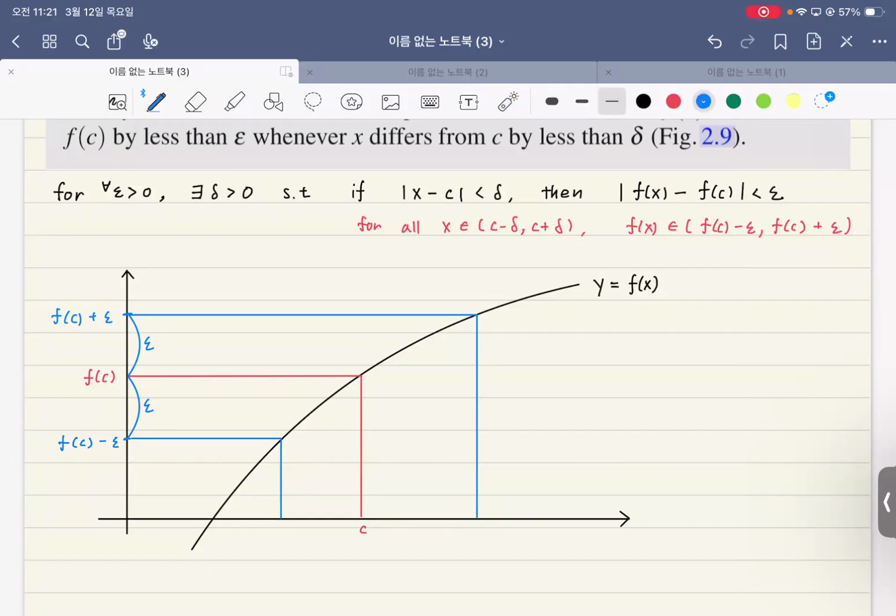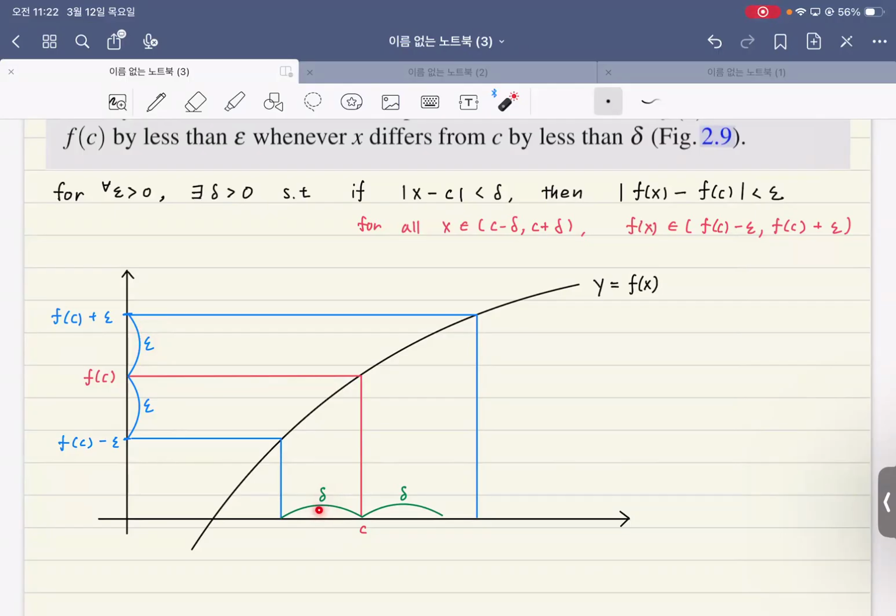So if I choose the length of this line segment to be my delta, then if my x lies in this interval, then for all such x's, function values are guaranteed to lie in this interval, right?